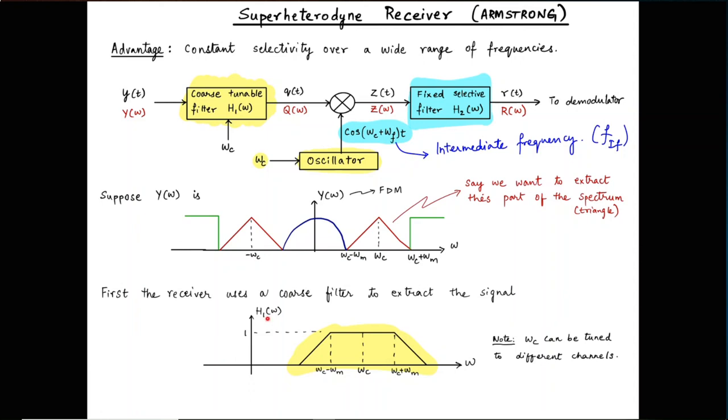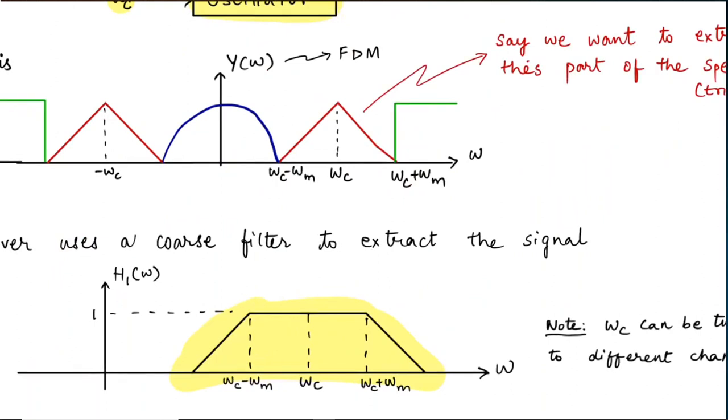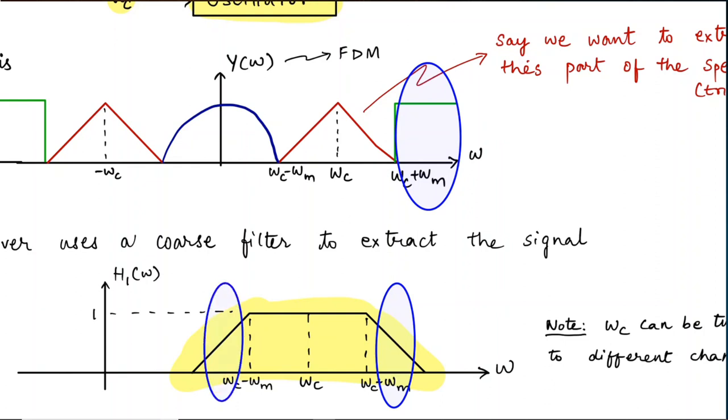So if we assume that H1 of omega has a frequency response like this, we are going to get omega c through, like the red guy goes through this. But as you can see, they're getting multiplied in frequency, by the way. I hope you see that this part of the spectrum overlaps with that region in the spectrum, which means that after I multiply, this rectangle is probably going to become a slope going down.